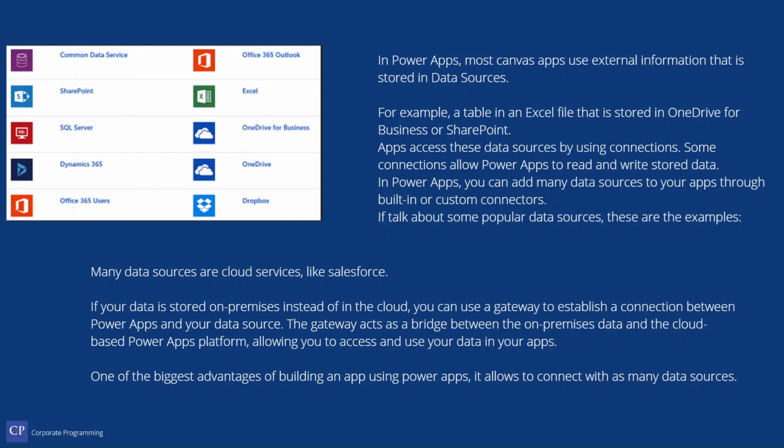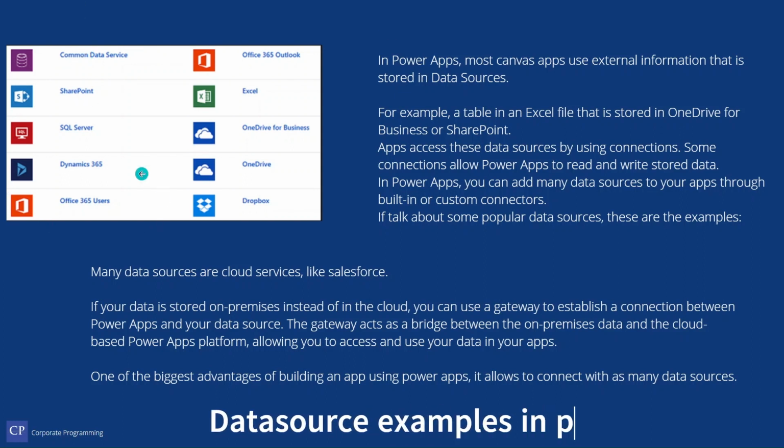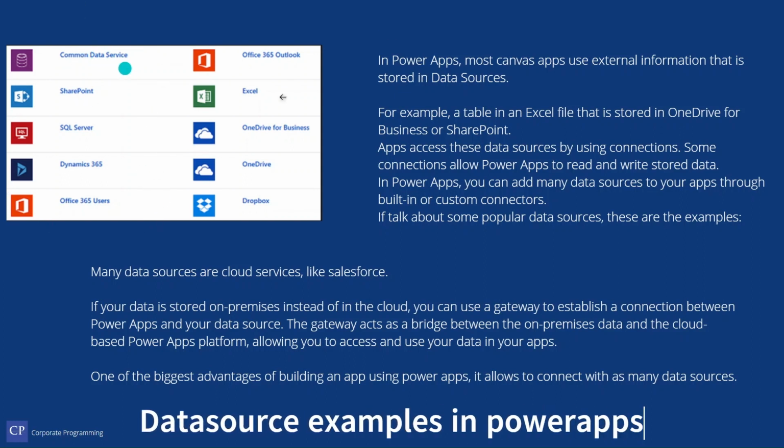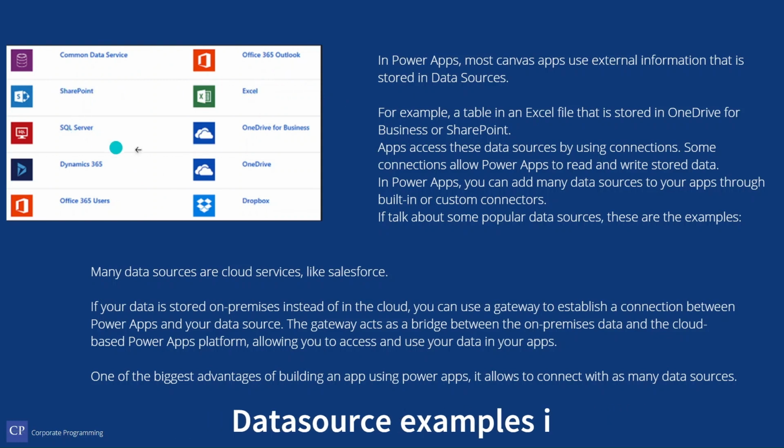Some connections allow Power Apps to read and write stored data. In Power Apps, you can add many data sources to your apps through built-in or custom connectors. These are the examples: Common Data Service, Office 365, Outlook, Excel, SharePoint, SQL Server, and many more.